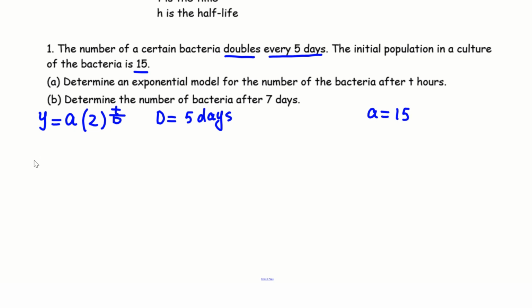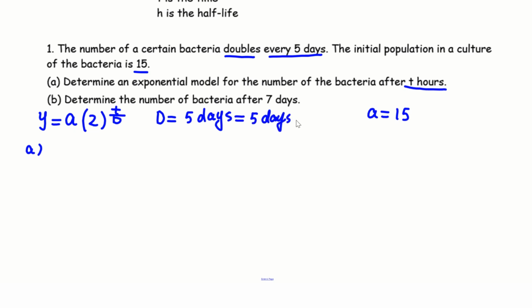And the initial population is 15, so the a value is 15. And question A asks you to determine an exponential model for the number of bacteria after t hours. So t is in hours, and for d, we want to change it to the same unit, so we change 5 days.